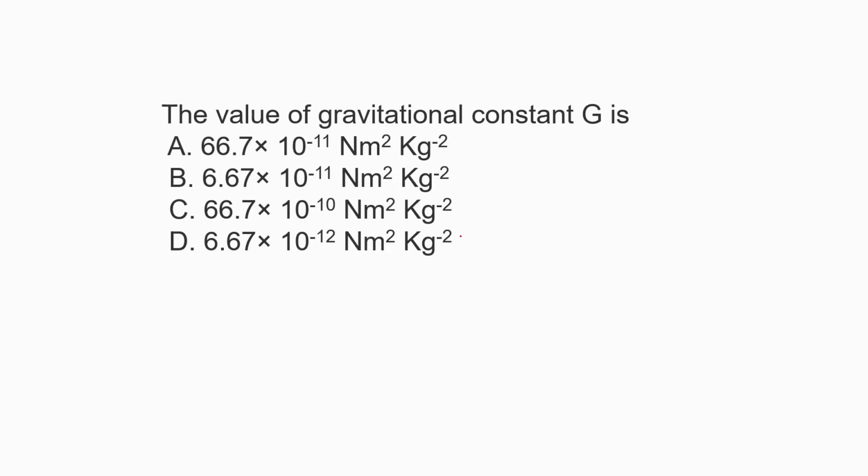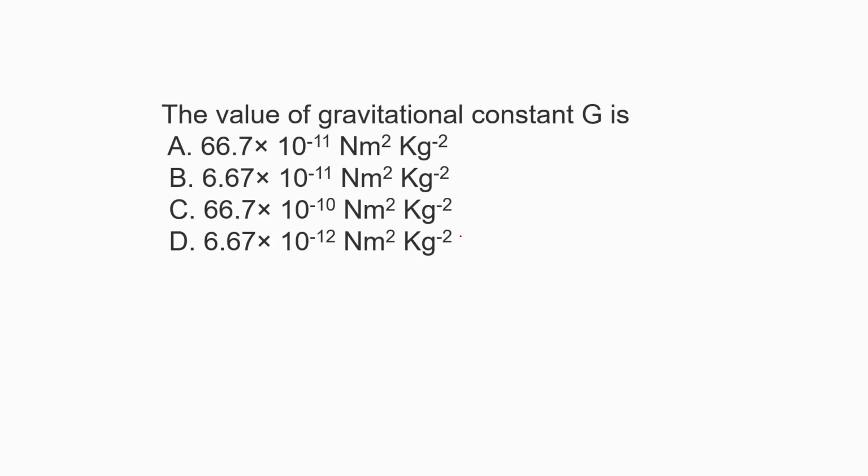Now here is the next question. The value of gravitational constant G is option A, 66.7 into 10 to the power minus 11 Newton meter square per kg square. B, 6.67 into 10 to the power minus 11 Newton meter square per kg square. C, 66.7 into 10 to the power minus 10 Newton meter square per kg square.